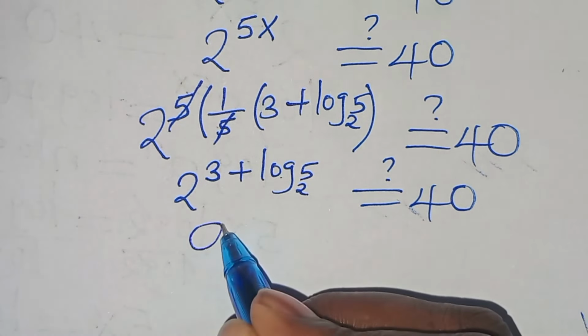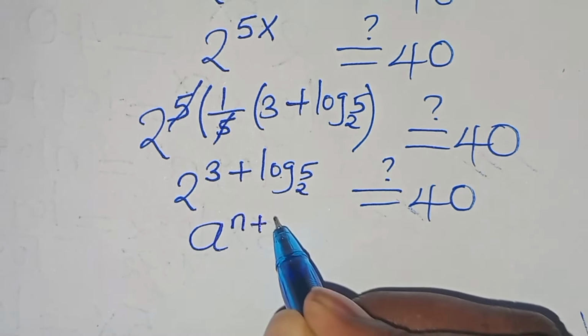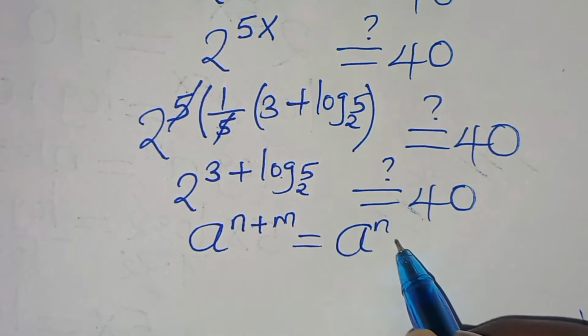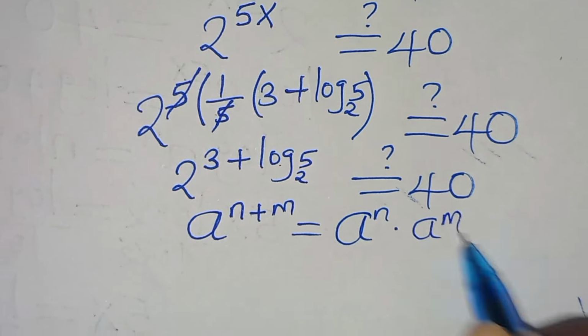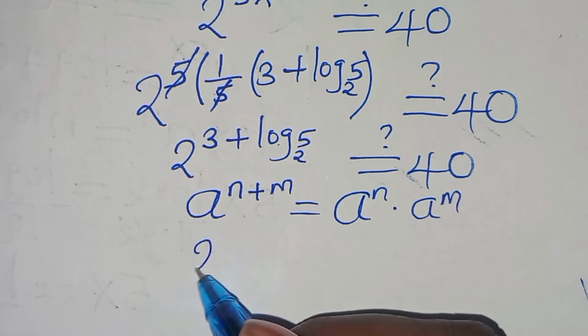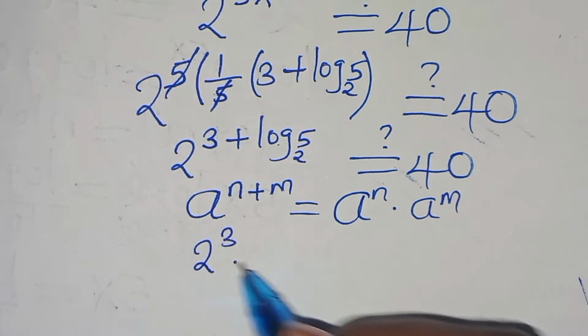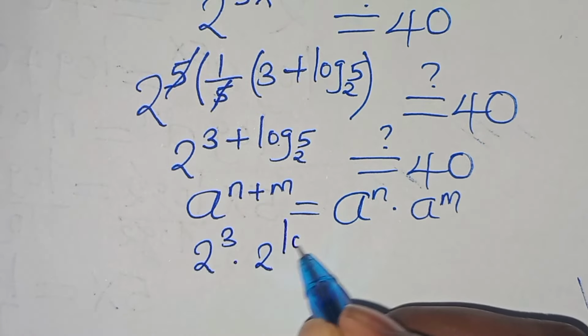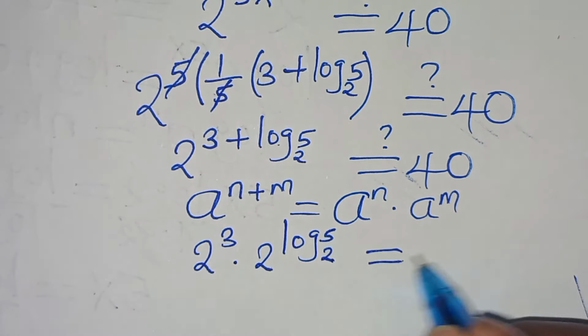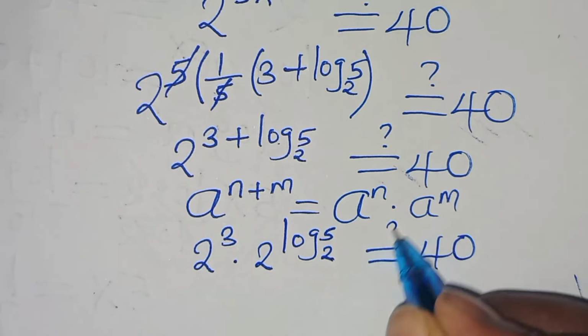This is in the form of a to the power of n plus m, which we can express as a to the power of n times a to the power of m. Applying this exponent property, this is the same thing as 2 to the power of 3 times 2 to the power of log 5 to the base 2. This is supposed to give us a value of 40.